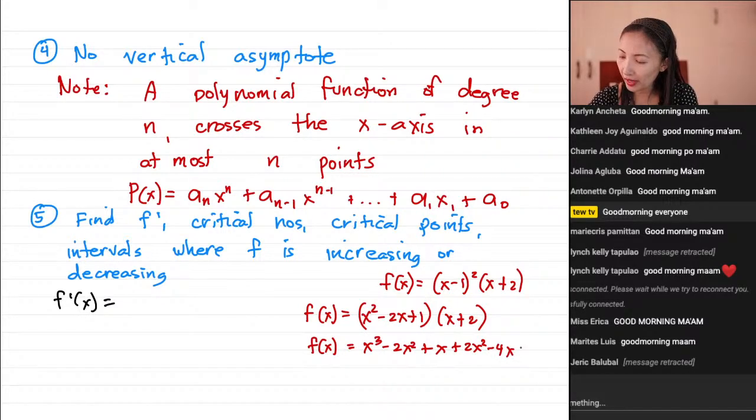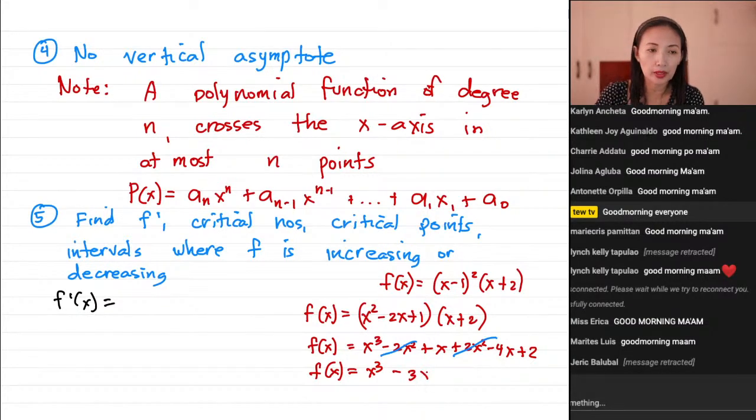So, when simplified, f of x then is equal to x cubed, okay, these two will cancel out, negative 2x squared and positive 2x squared, leaving minus 3x, correct, minus 3x plus 2.